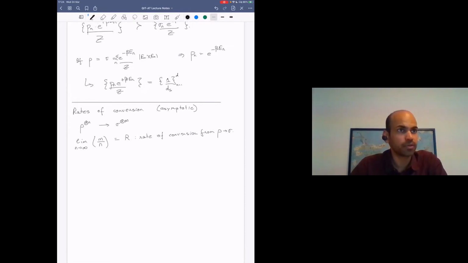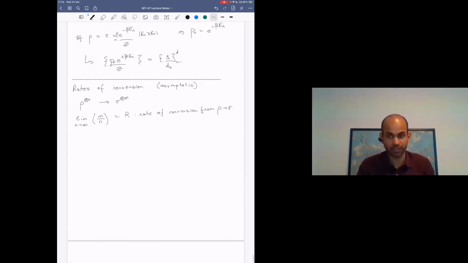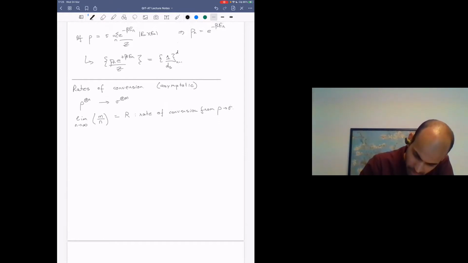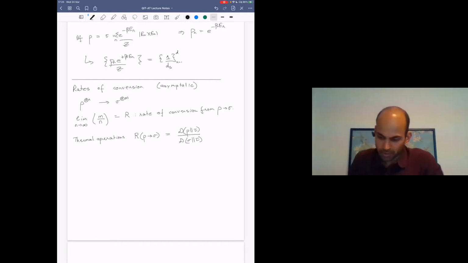Okay, so I do not have so much time to go into the full description of how one would argue what the rate of conversion is, but I can talk about the result, which is that in the case of thermal operations, we get that R of ρ going to σ is in fact equal to this ratio, D(ρ‖τ) upon D(σ‖τ).